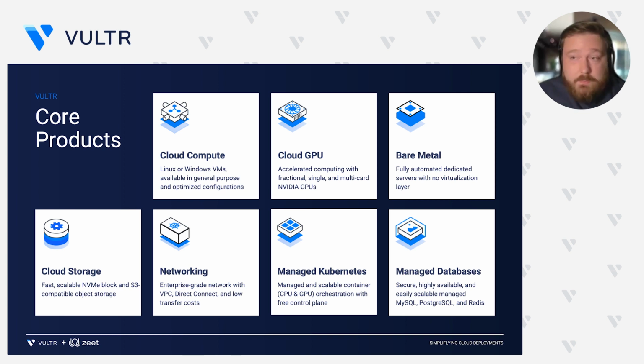These can be optimized for many different purposes, whether you need something that is specialized for WordPress, we have high frequency compute, or you have SaaS applications that really demand the most power and performance. That's where you can jump into some of our optimized offerings for memory priority or storage priority, whichever you prefer. I mentioned cloud GPU.